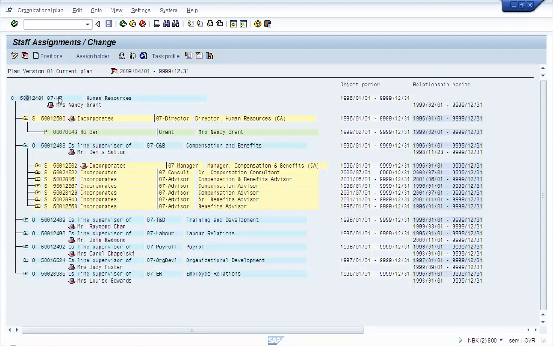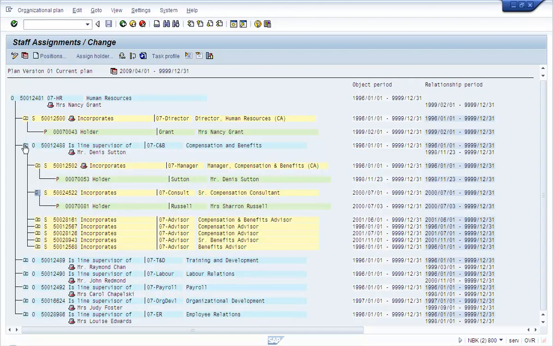If you use OSP as the evaluation path, and 50012481 is the starting node or start object, then the evaluation path would collect this position and this person. Similarly, if this object, 50024124888, becomes the start node, then the evaluation path would collect all these positions and the persons assigned to those positions as part of the evaluation.